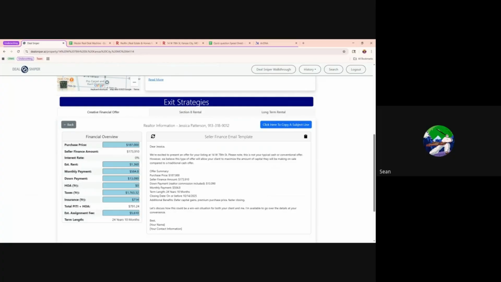Behind the scenes in the coding for Deal Sniper, it's calculating what our investors will typically pay for interest. And then instead of giving that in the form of an interest rate and a higher monthly payment, which can affect the cash flow, we just give it to the seller on the purchase price. So they're still getting the same amount of money. They're just getting it on the purchase price instead of getting it monthly. Does that make sense?